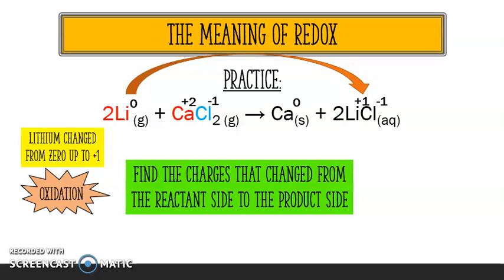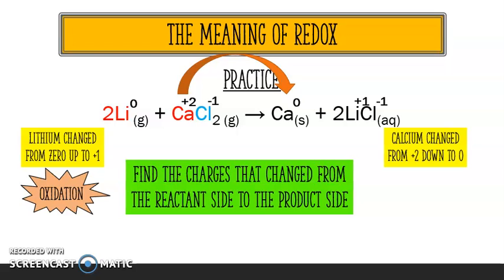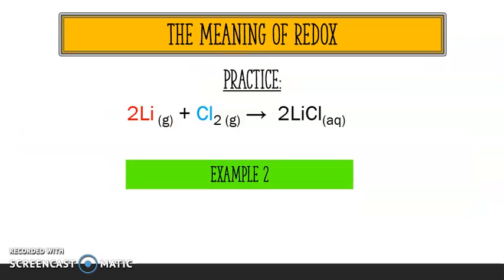Let's see if there's anything else that's changed, because if there's oxidation, there must be reduction. I see that the calcium started off being +2, but then the charge trends downward back down to a 0. And it can only do that by gaining electrons. So we can say that the calcium has been reduced. Red Ox.